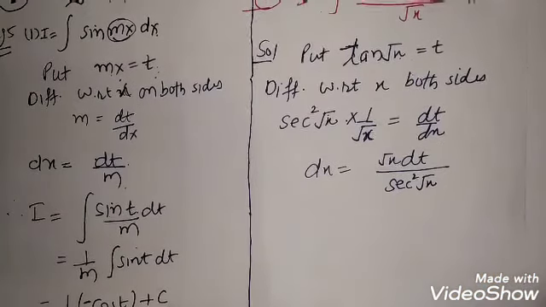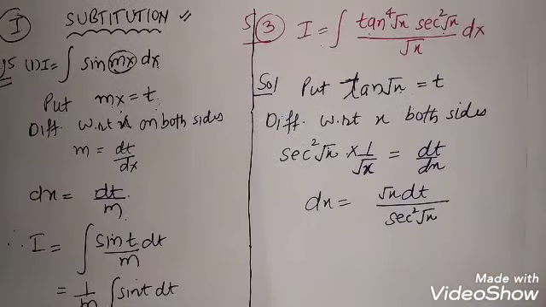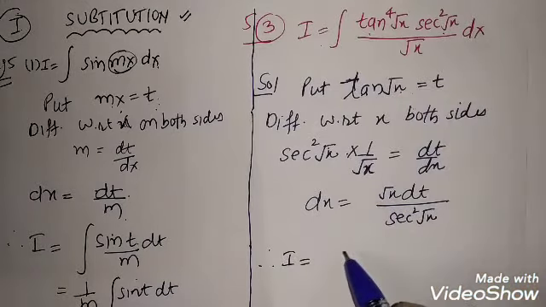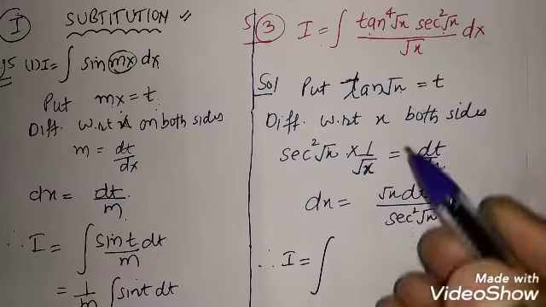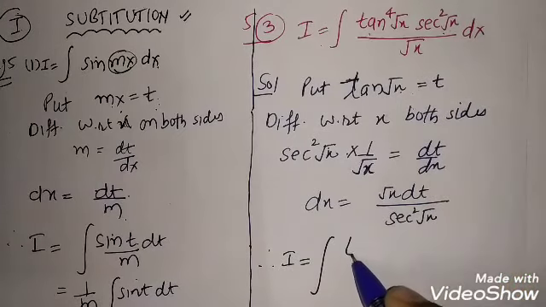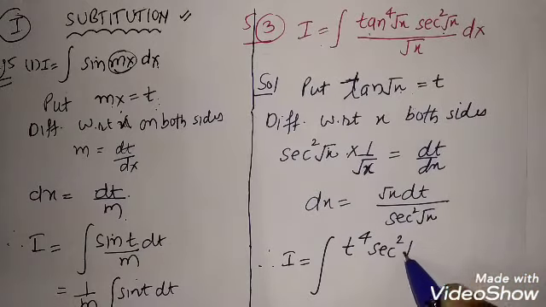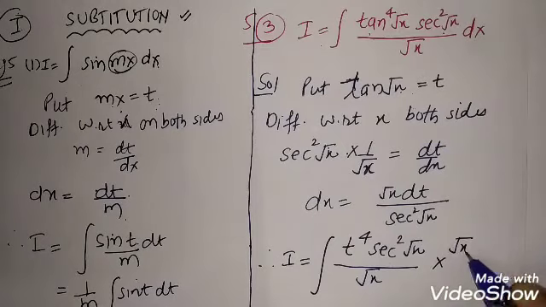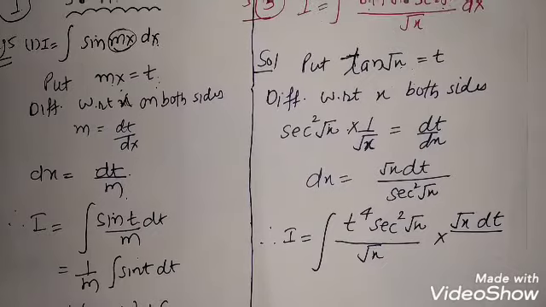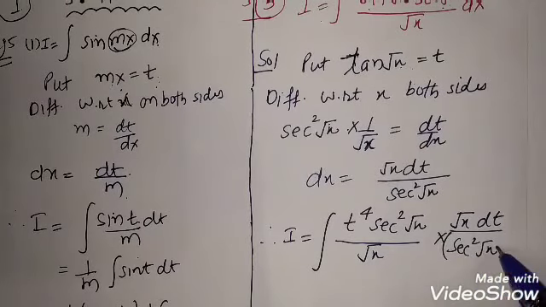Now see, the integral is equal to the integration of t⁴ sec² √x upon √x, and the value of dx is √x dt upon sec² √x.